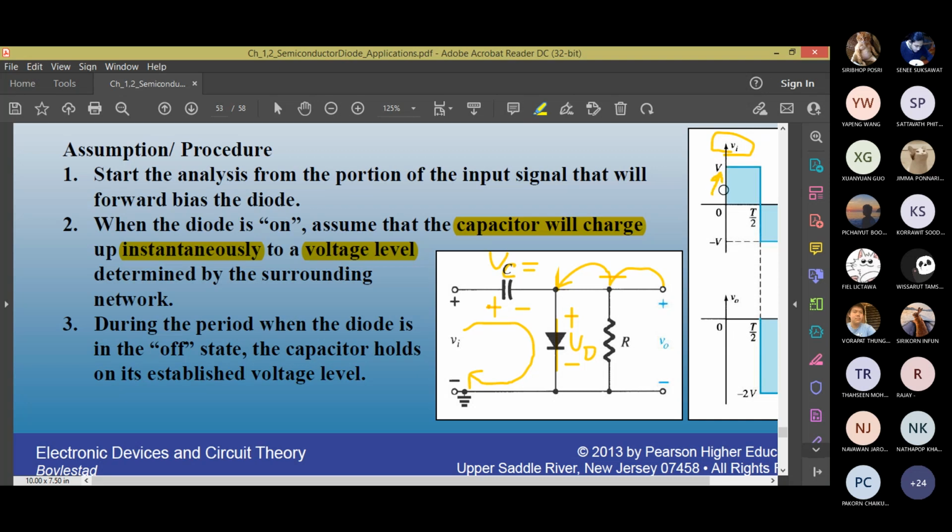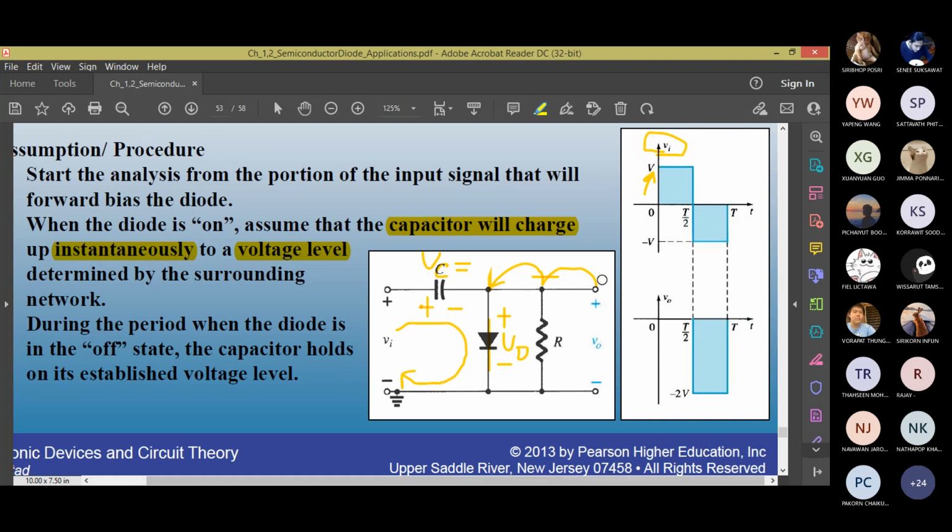V. What is the output voltage when the diode is on? What is the output voltage across resistor R? 0. Short circuit, 0. Here is 0. Parallel, 0. Can everyone follow? Did you understand why VC equals V from the equation?